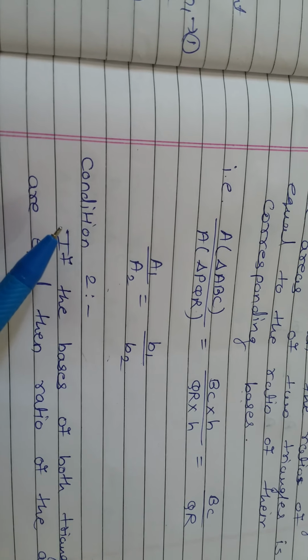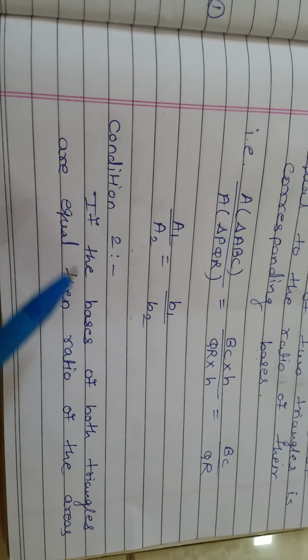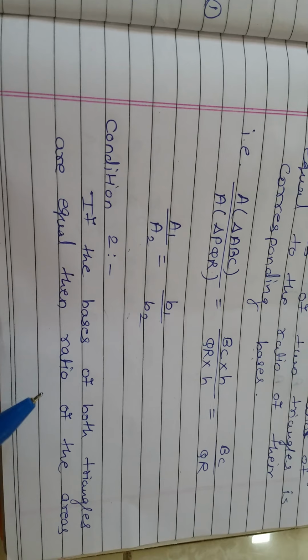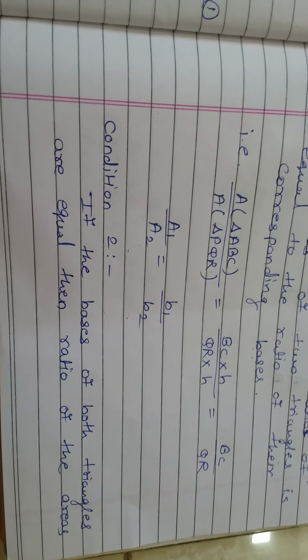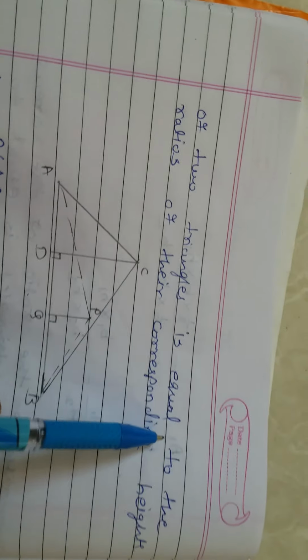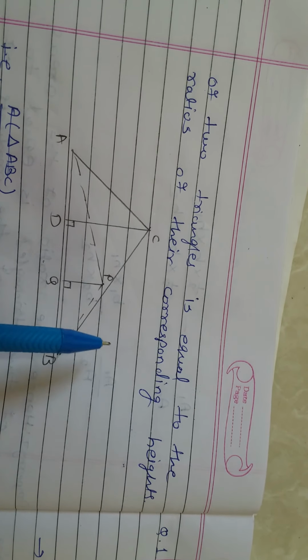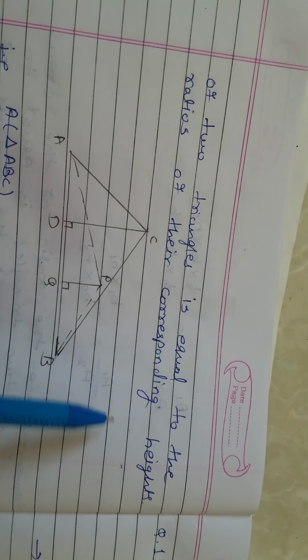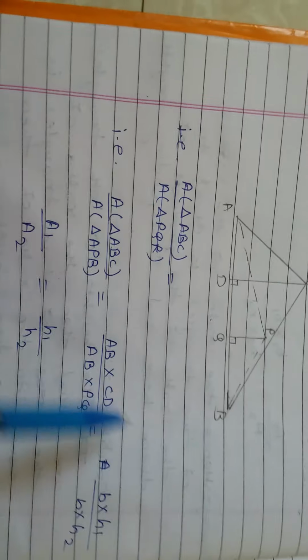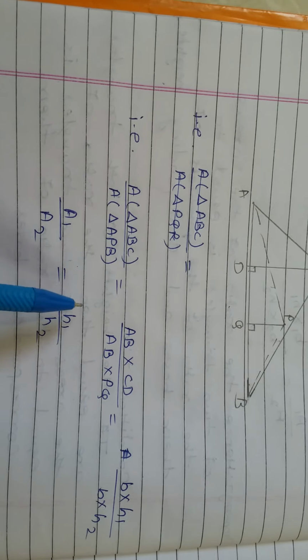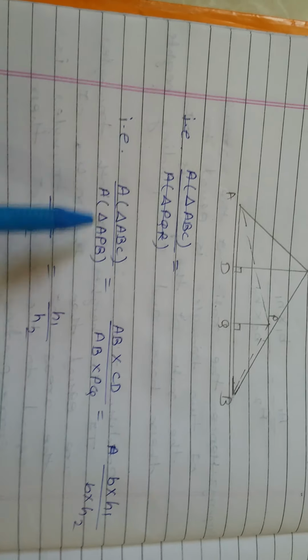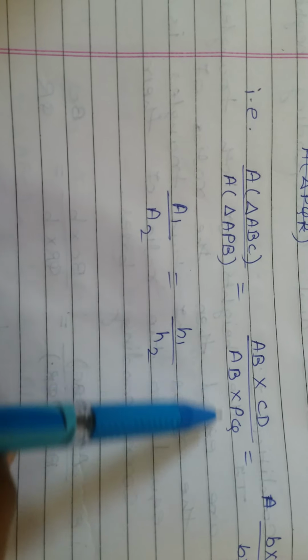Now the second condition is that if the bases of both the triangles are equal, then the ratio of the areas of two triangles is equal to the ratio of their corresponding heights. That is, we have to write here A1 upon A2 is equal to H1 upon H2. That is, area of triangle ABC upon area of triangle APB is equal to AB into CD, AB into PQ.